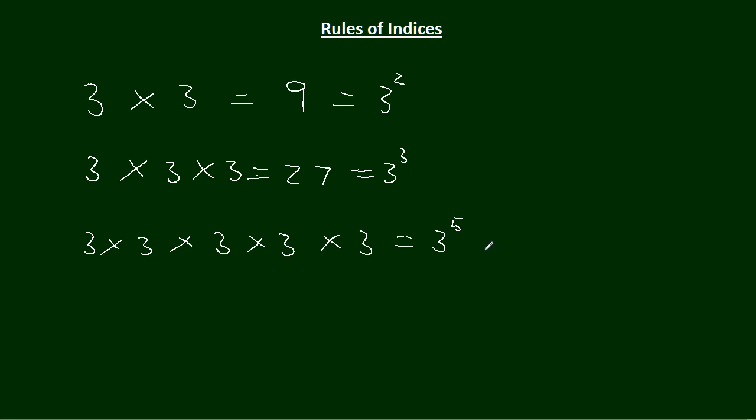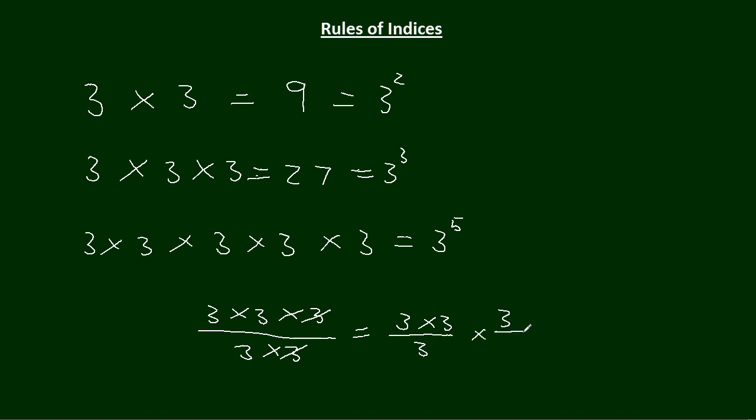Okay, let's see what happens if we do some divisions as well. So we'll take 3 cubed divided by 3 squared and see what happens. I think we can see that that 3 will divide into that 3 there, because that's exactly the same as saying 3 times 3 over 3 times 3 over 3.